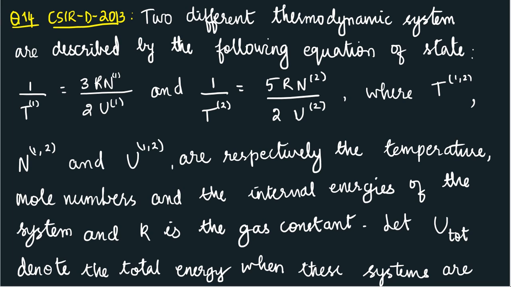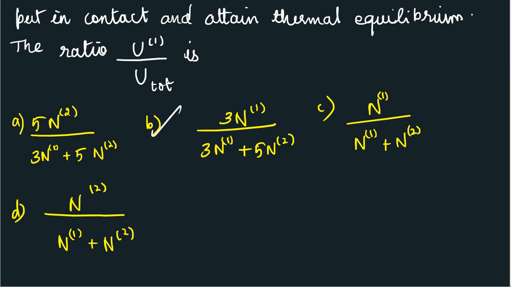T, N and U are the same: the temperature, mole numbers, and the internal energies of the systems. R is a gas constant here, so you do not have R1, R2, only R. Let U total denote the total energy when these systems are put in contact and attain thermal equilibrium. The ratio U1 by U total is what?